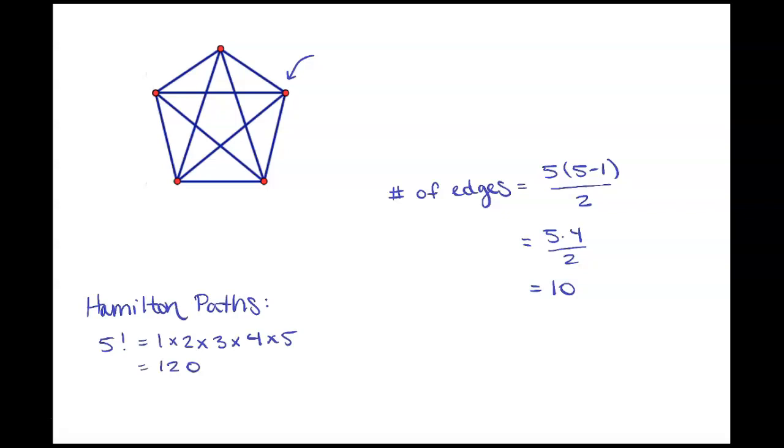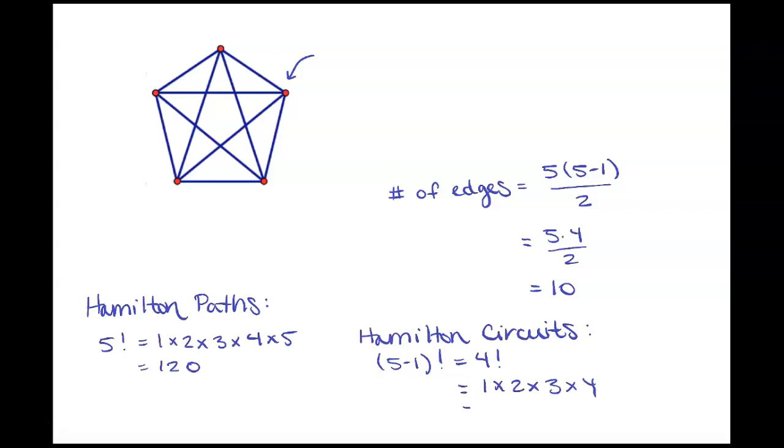There's 120 Hamilton paths. The number of Hamilton circuits is equal to n-1 factorial. With n equal to 5, we have 5 minus 1 factorial Hamilton circuits, or 4 factorial. That's 1 times 2 times 3 times 4, or 24 Hamilton circuits.